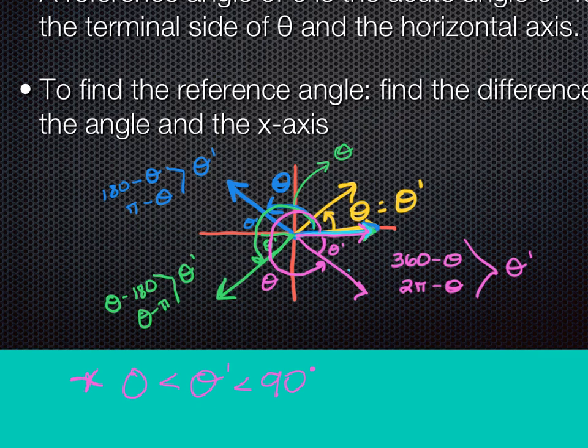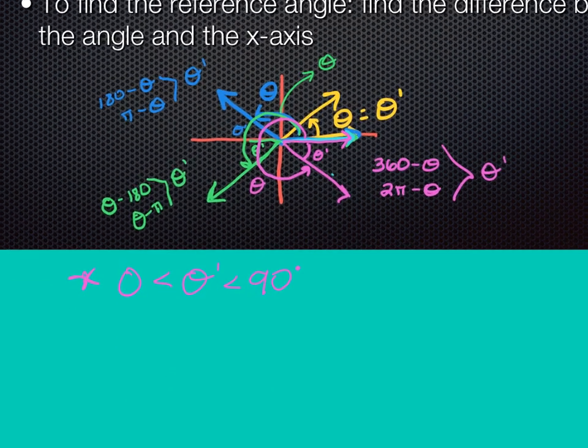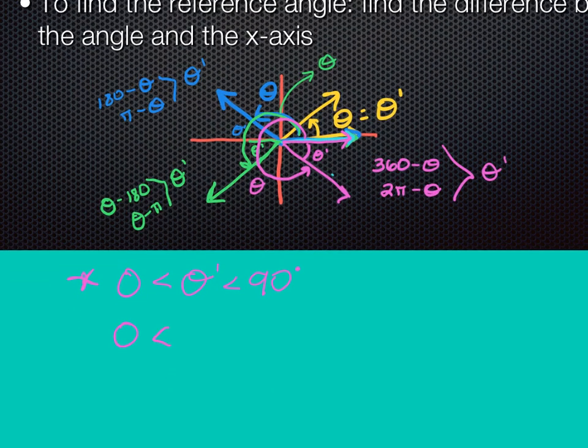It can't be negative, it can't be bigger than 90, which means it can't be bigger than pi over 2. It actually can equal, not 0, but it can equal pi over 2 and 90. So again, if you ever go to write an answer for a reference angle, and it's bigger than 90 or bigger than pi over 2, it's wrong. Less than 0, it's wrong. It's got to be in between those two things.